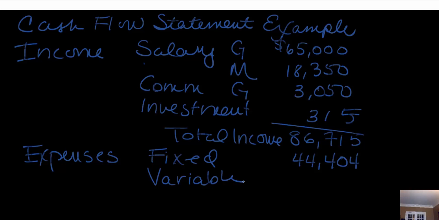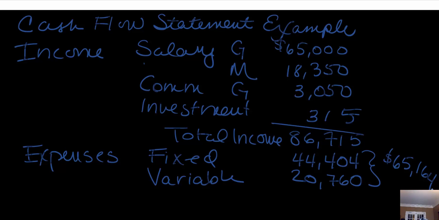And those total variable expenses come out to $20,760. So their total expenses would be the fixed plus the variable, and that is $65,164.